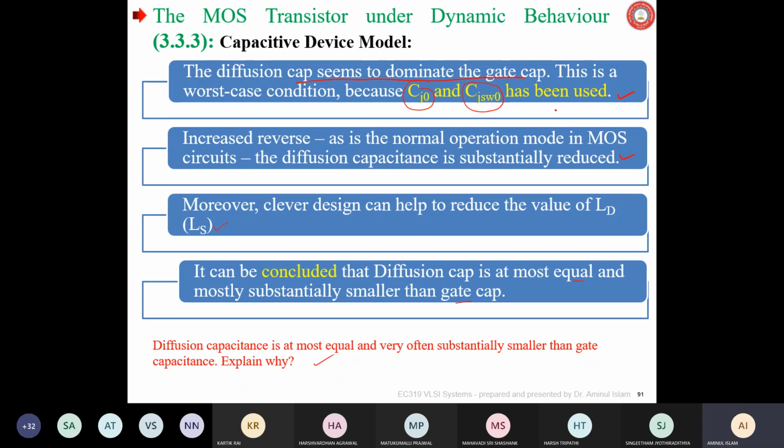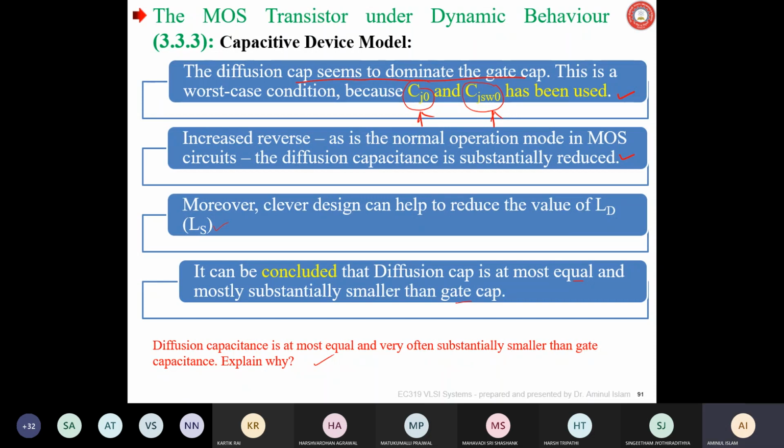Without bias, meaning the drain connection is not given, the depletion layer width is minimum, so more capacitance will be there. So that is the worst case.